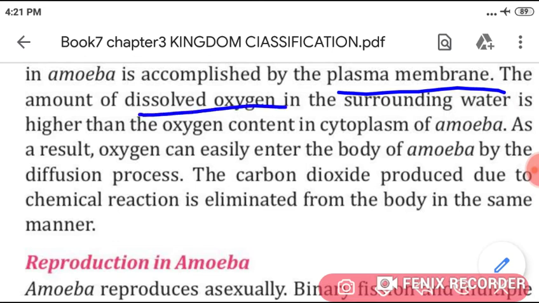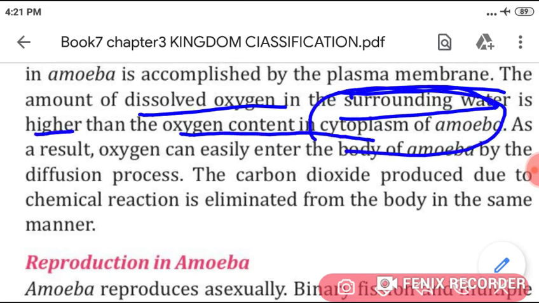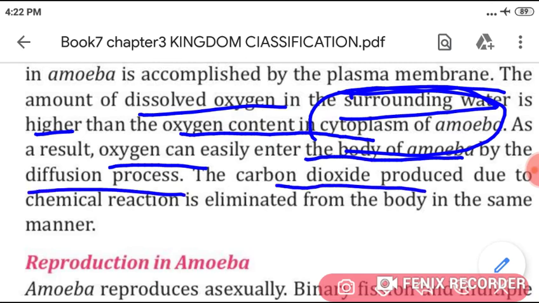Students, the amount of dissolved oxygen in the surrounding water is higher than the oxygen content in the cytoplasm of amoeba. What happens as a result? Oxygen can easily enter the body of amoeba. By which process? By the diffusion process. Now the carbon dioxide which is produced due to the chemical reaction is eliminated from the body in the same manner.